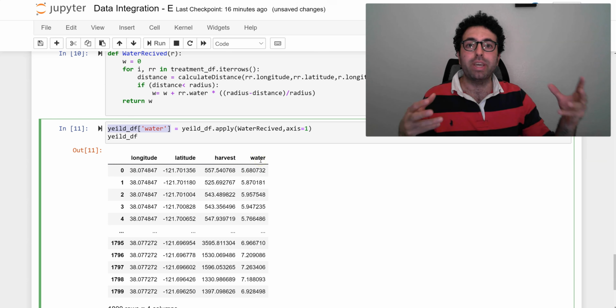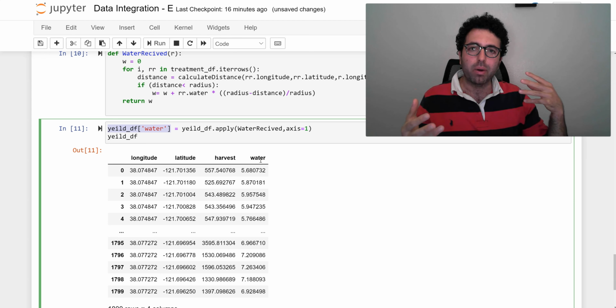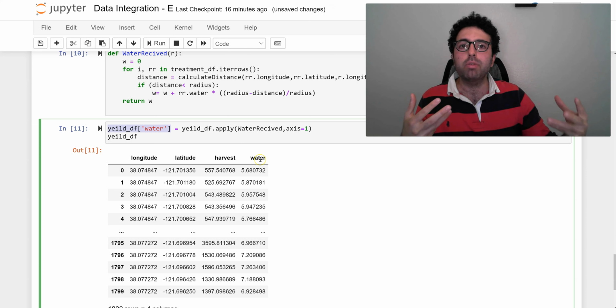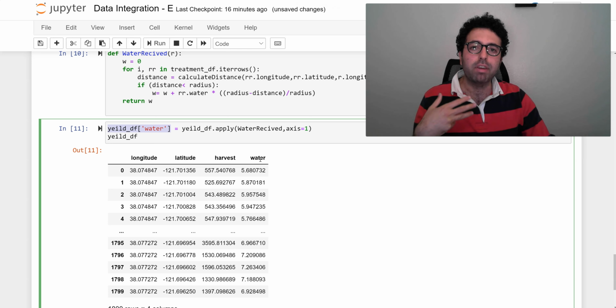So we were able to integrate the harvest data with the water data. We had a challenge for the entity identification. We didn't know what entity to connect with each other. So we created some assumption about having some water entity that didn't really exist based on some other data we could rely on.